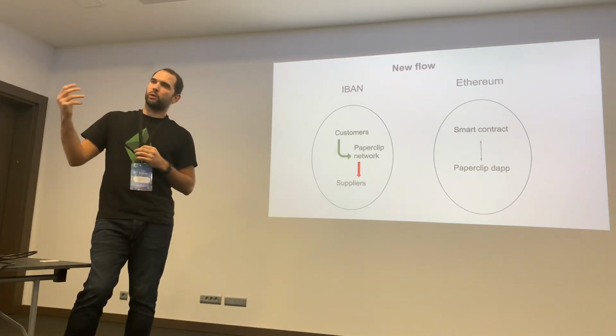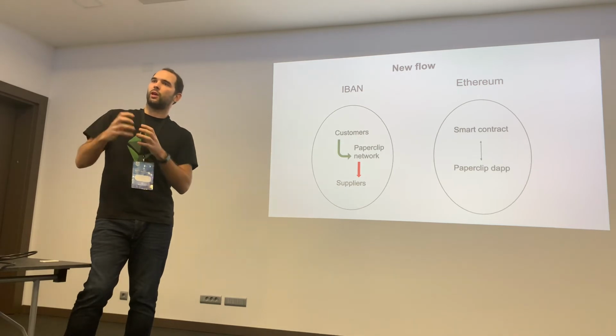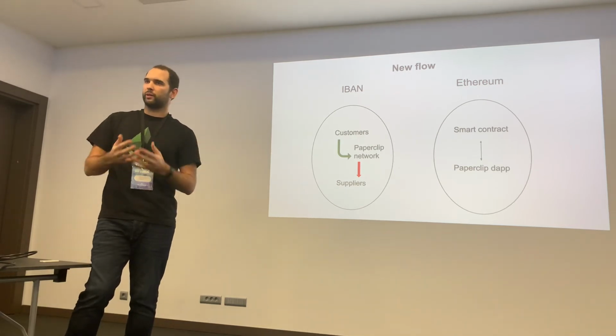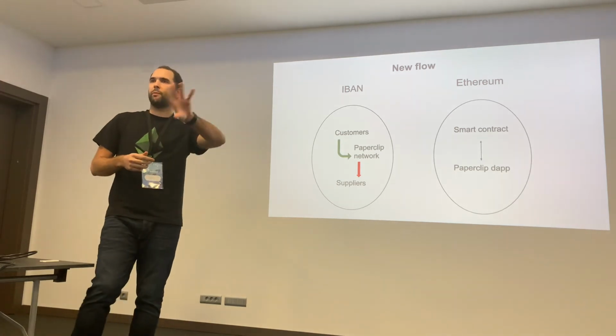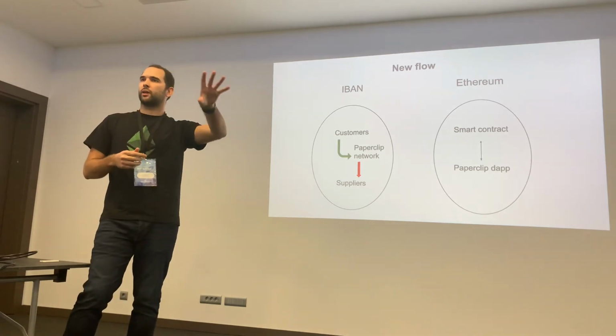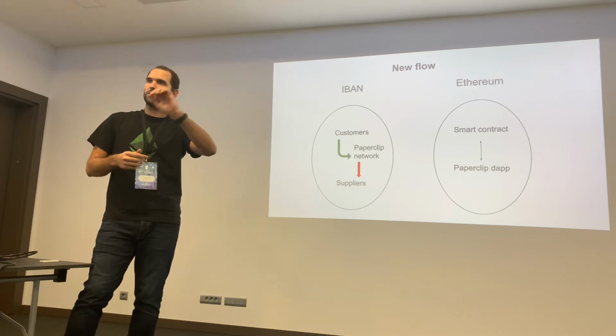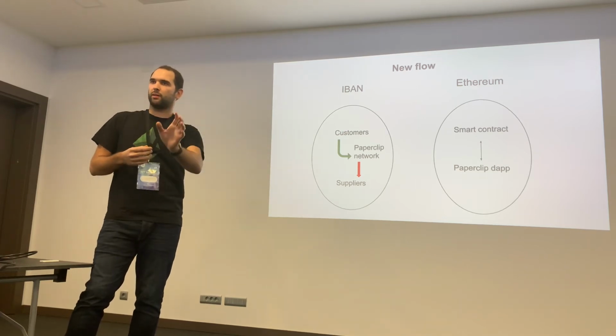The smart contract will provide this IBAN account inside of the bill, to the payment processor and the customer. So when the customer pays the money, it goes to this certain IBAN account.